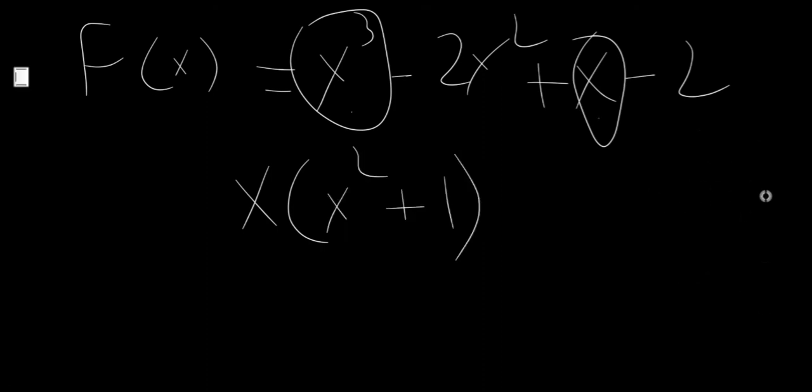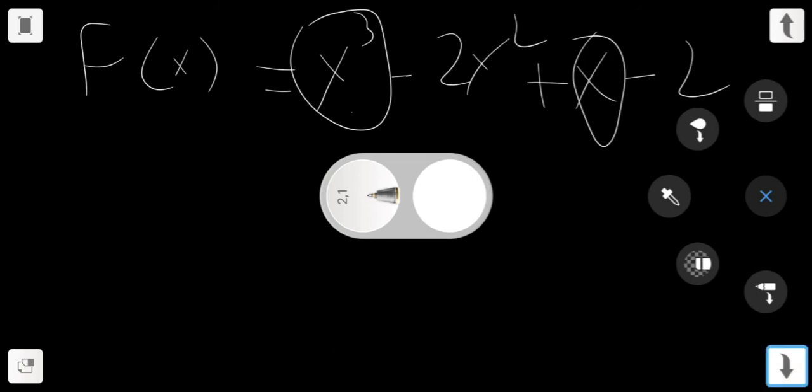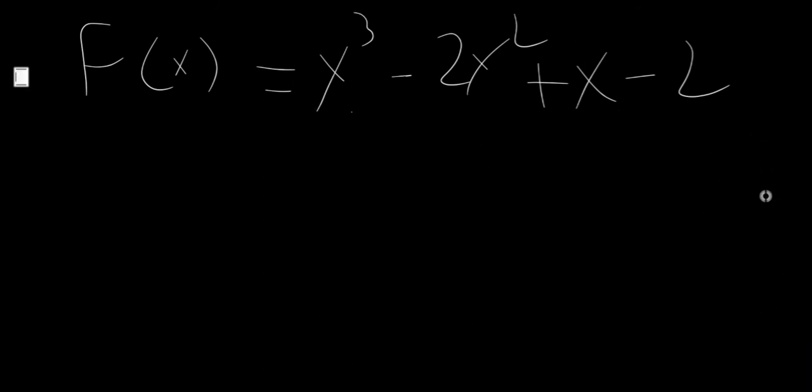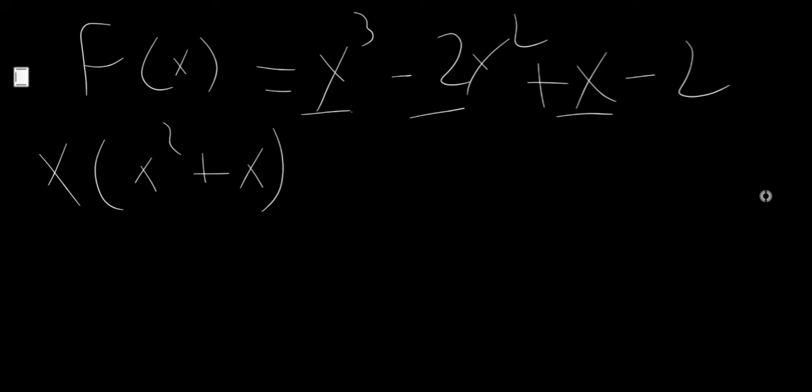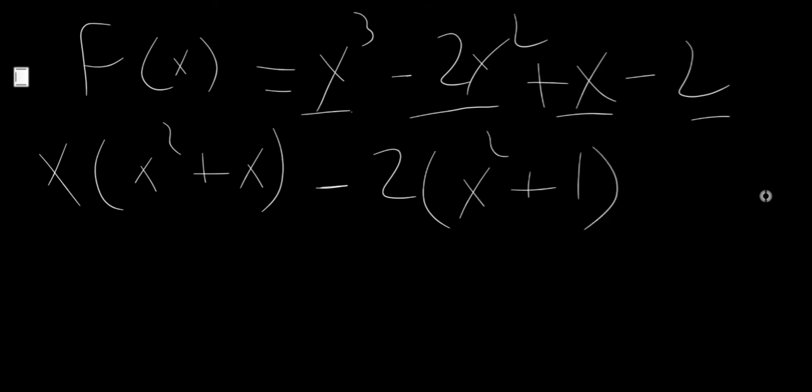I have, look, it would be x cubed plus x, so this is the thing that I'm going to do. So I took this part and this part. Now for this and this, I'm going to take minus 2 to the outside, and then I'm going to have x squared plus 1.